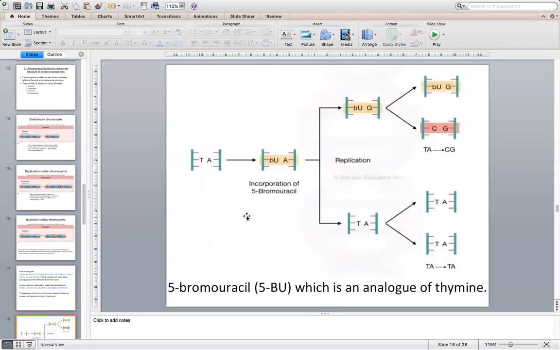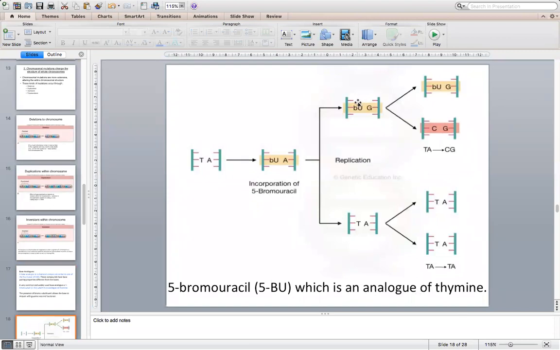So you can see it over here. We have thymine, adenine. We have 5-bromouracil, which is an analog to thymine, so it has a structure similar to that of thymine. Since it has a similar structure, it goes on for the base pair. When it goes on for the replication, the first base pair does not have any issues.